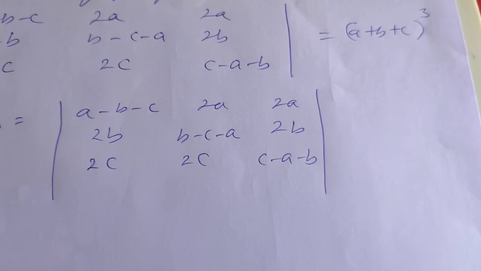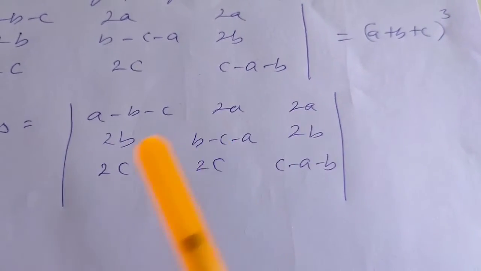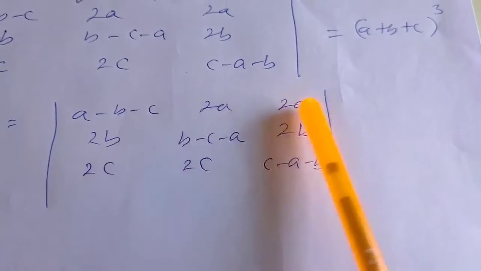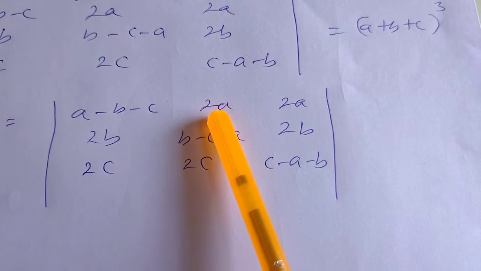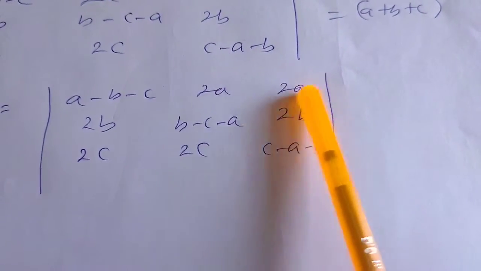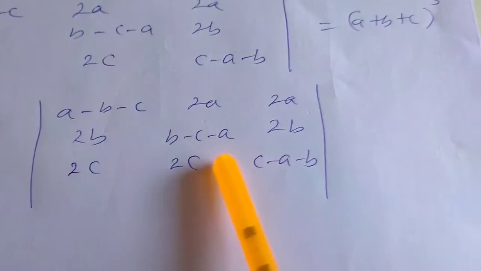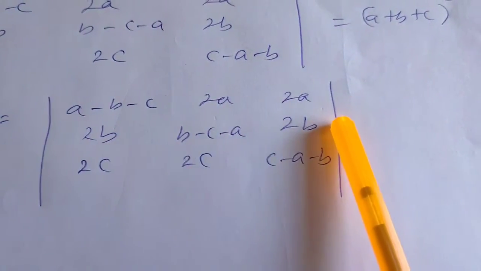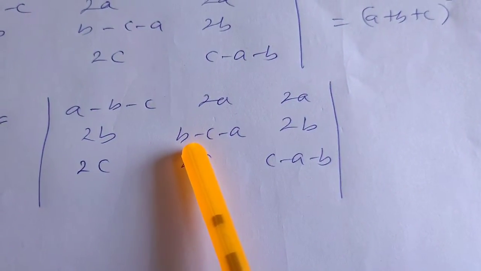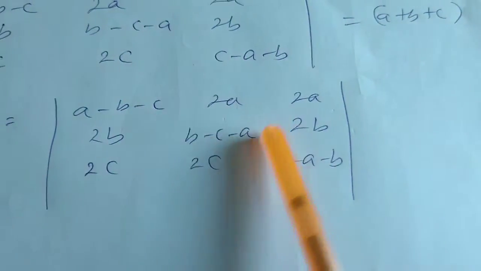But in place of that, suppose we subtract 2a and 2a, we will get 0. From column 2 I subtract column 3, what I get is 0. And from b minus c minus a, if I subtract 2b, we get b minus c minus a minus 2b.